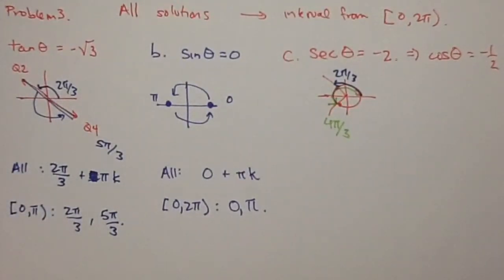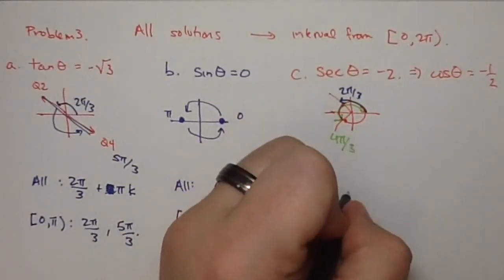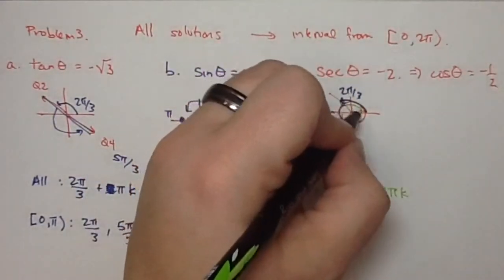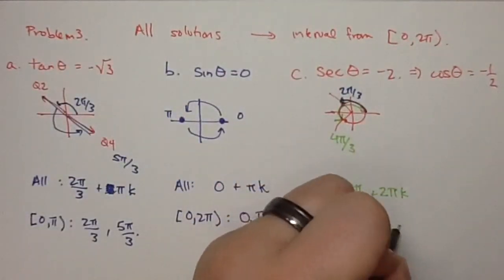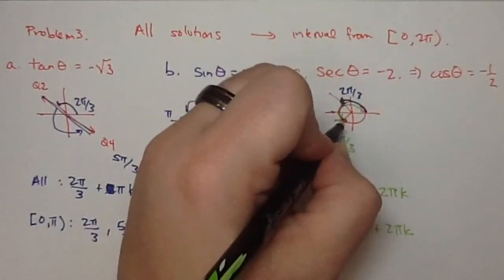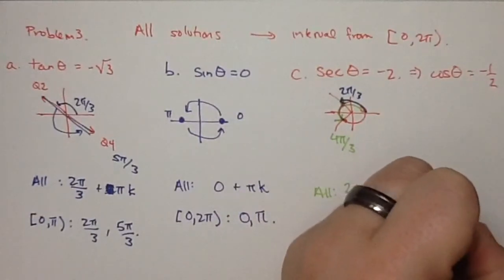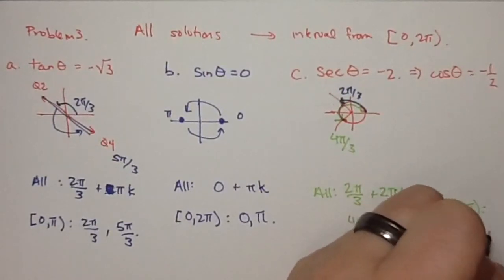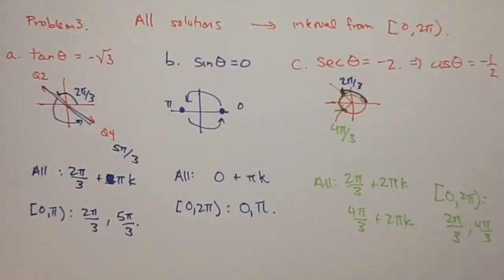All right, so then all solutions are 2 pi over 3 plus 2 pi k, because it's only here and then all the way back around to here, and 4 pi over 3 plus 2 pi k, because here and then all the way back around. But on the interval from 0 to 2 pi, our answers are 2 pi over 3 and 4 pi over 3. All right, guys, so that's problem 3, A, B, and C.